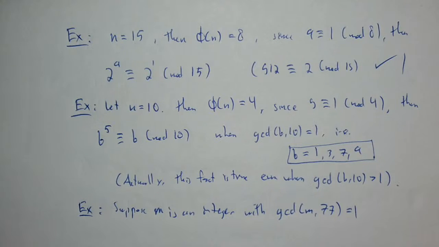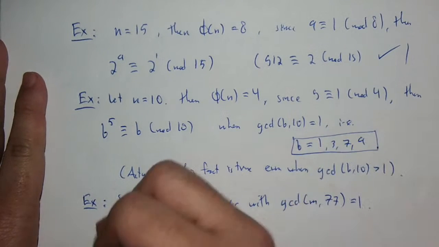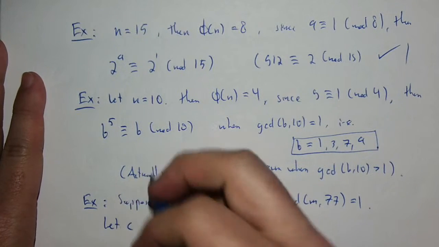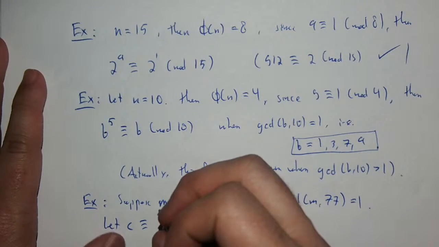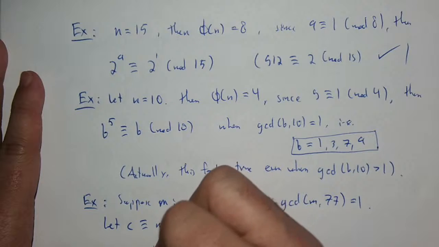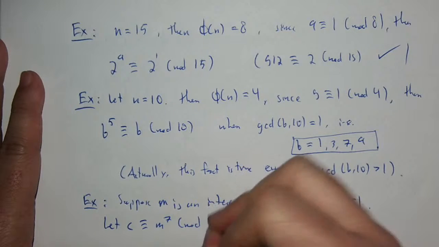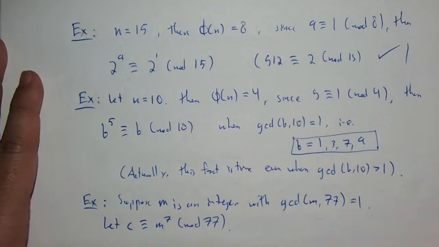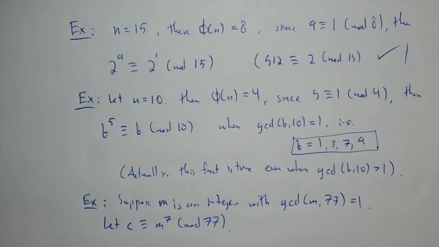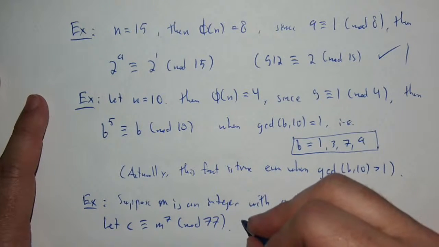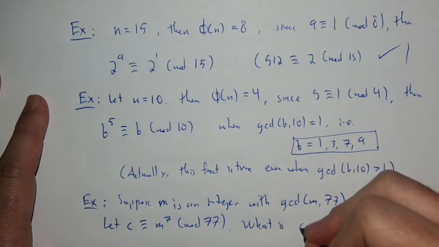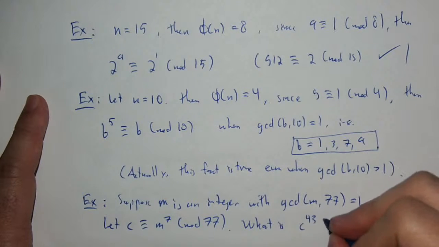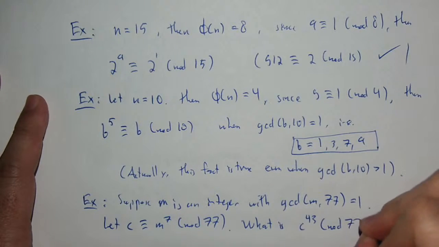Okay, so let C be congruent to m to the 7 mod 77. What is C to the 43 mod 77?